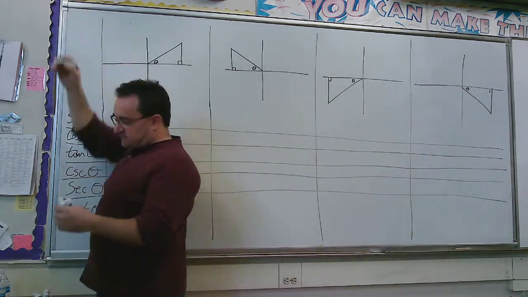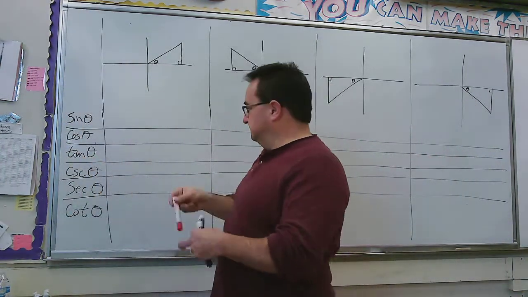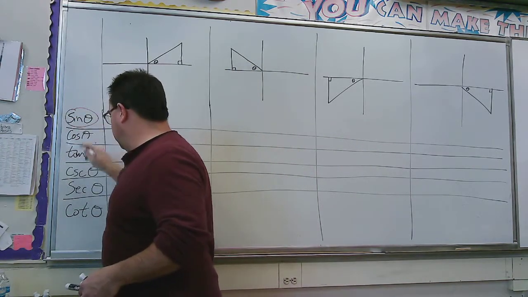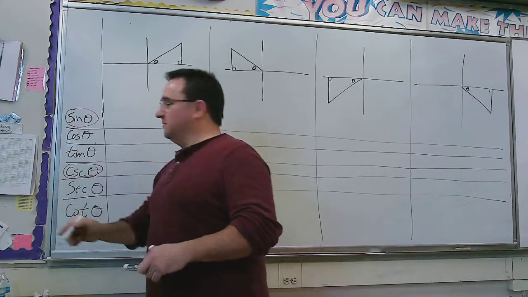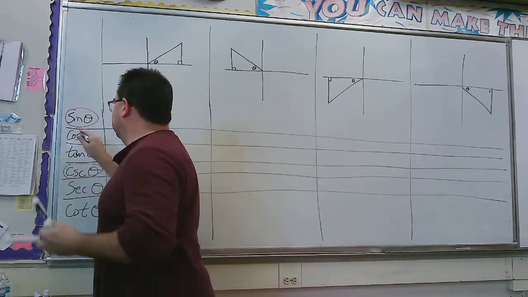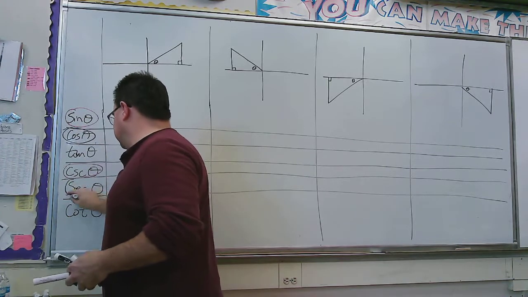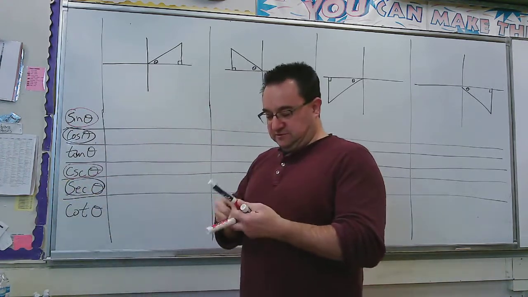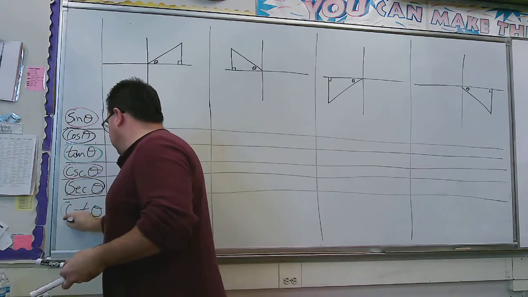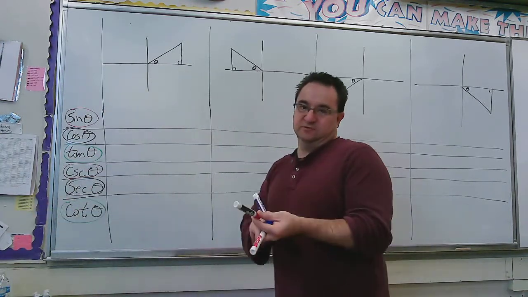And before we even start, let me remind you that sine and cosecant are reciprocals. Cosine and secant are reciprocals. And tangent and cotangent are reciprocals.